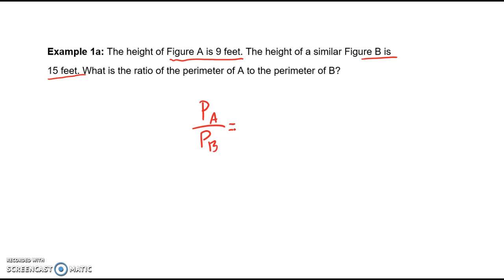And we can always use one of the sides to figure this out. So one of the sides of figure A is 9. One of the sides of figure B is 15. And again, always reduce. So we can divide both of these by 3. And we get 3/5.